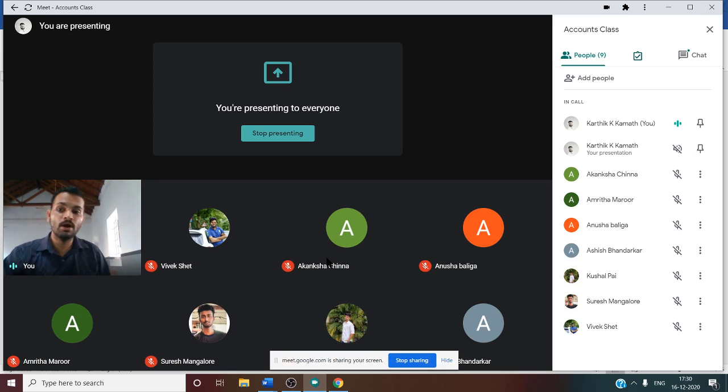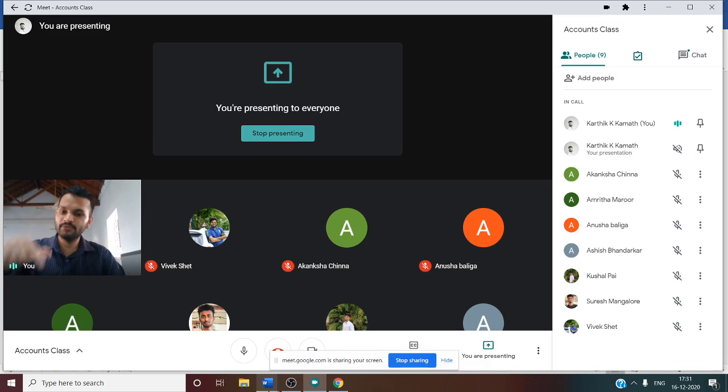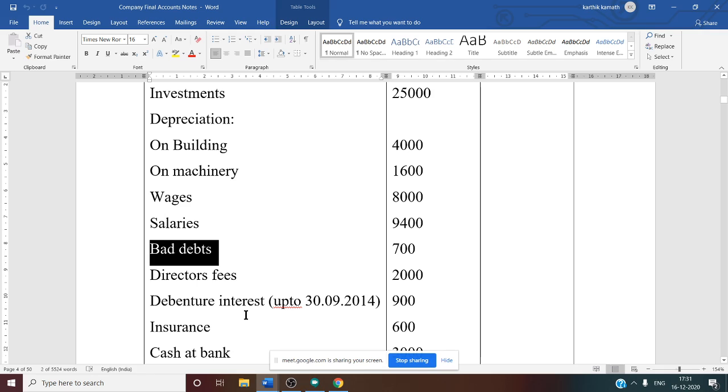After showing the bad debt, you have to see the debtor value and calculate the RBD information on it. Then you will see whether it is a new RBD or an old RBD. If it is a new RBD, you have to add that information. If it is an old RBD, you have to deduct it. We are going to see that while solving the problem.